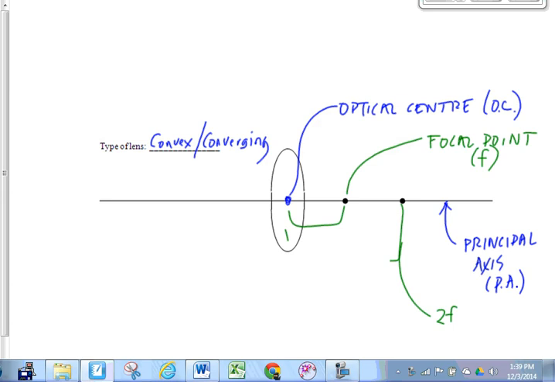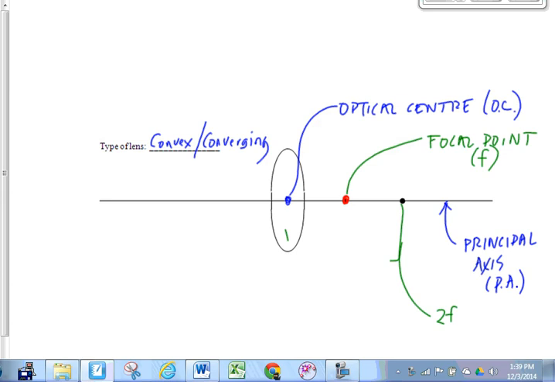I want to go back to this focal point. That's really important for us. That is the most important thing that we have drawn up on the board right now, the focal point. The focal point is a point at which not all rays going through this lens, but all rays that are parallel to the principal axis will converge.